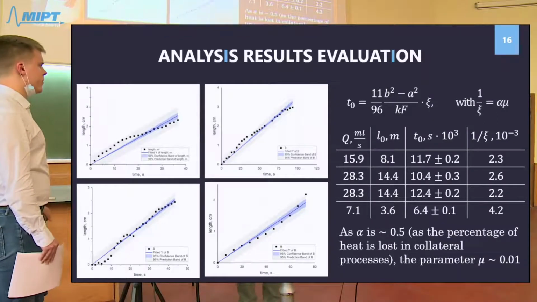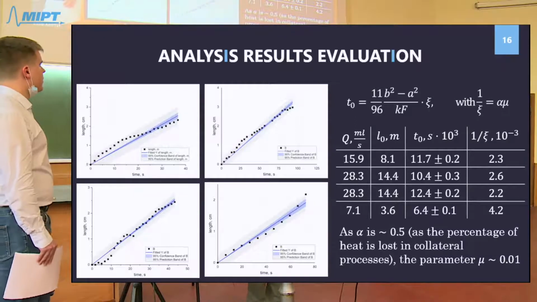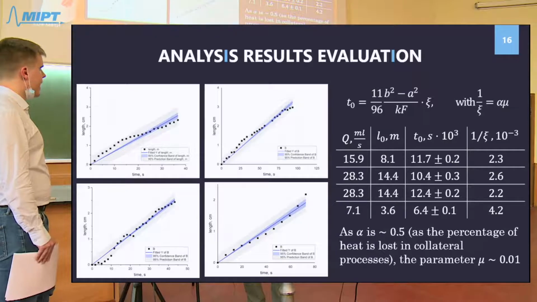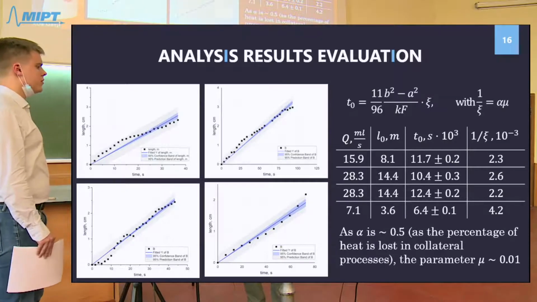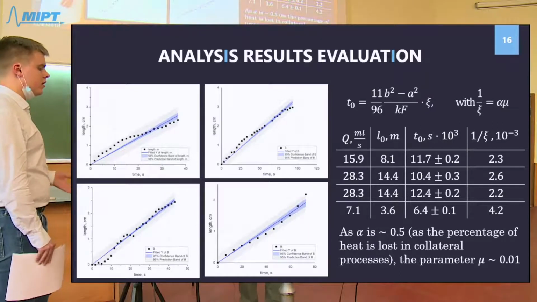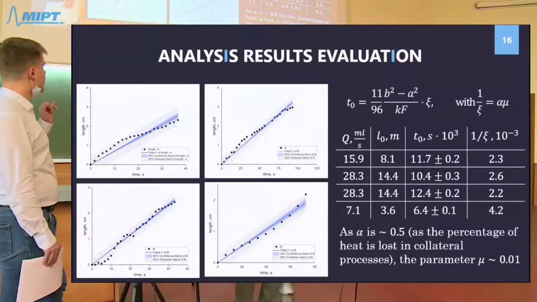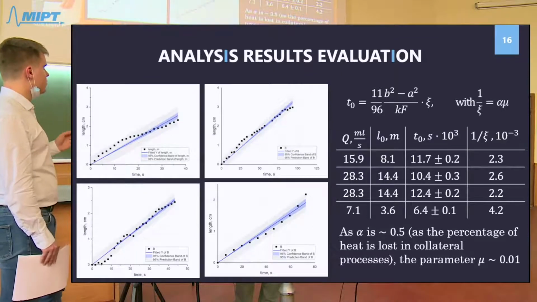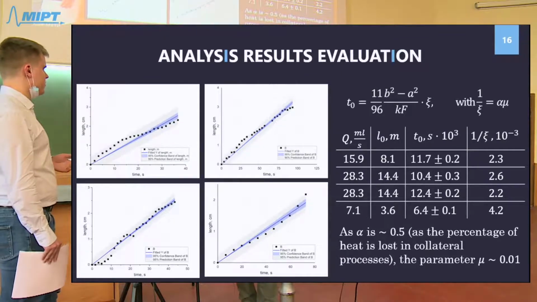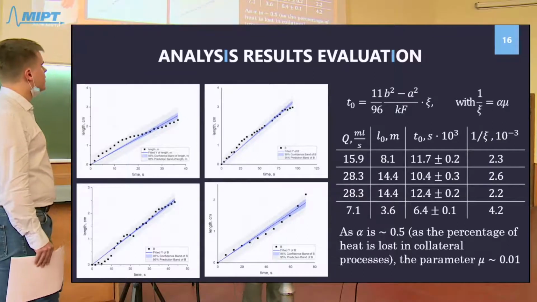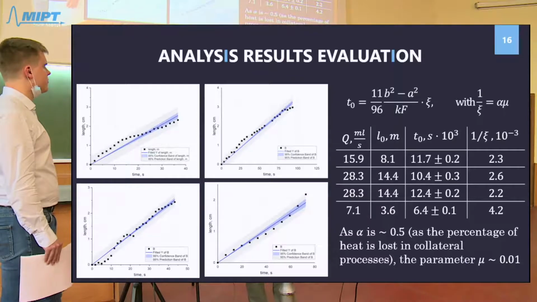Alpha is a parameter of the percentage of heat lost in the process, and mu is a parameter of heat transfer from the entrance of the brinicle to the end of the brinicle. So these parameters are adequate, and they confirm our model.